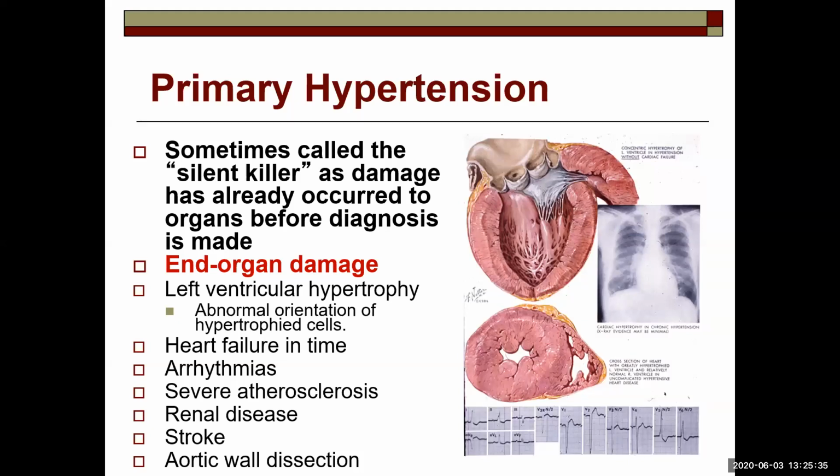Blood pressure can lead to that because the heart is trying to pump more due to the increased afterload from hypertension, so you increase the number of fibers in the ventricle. All these can predispose to primary hypertension.